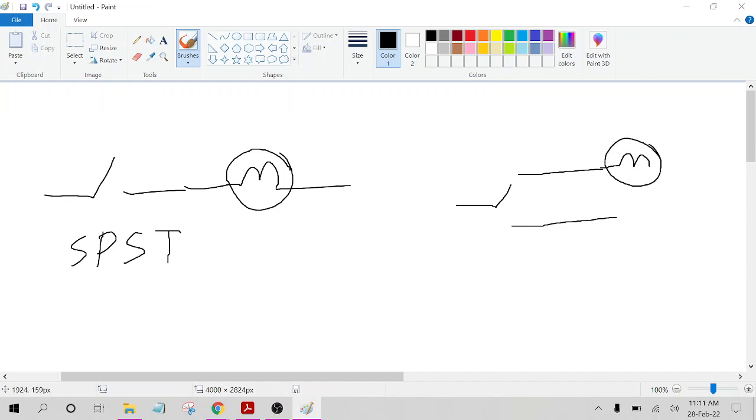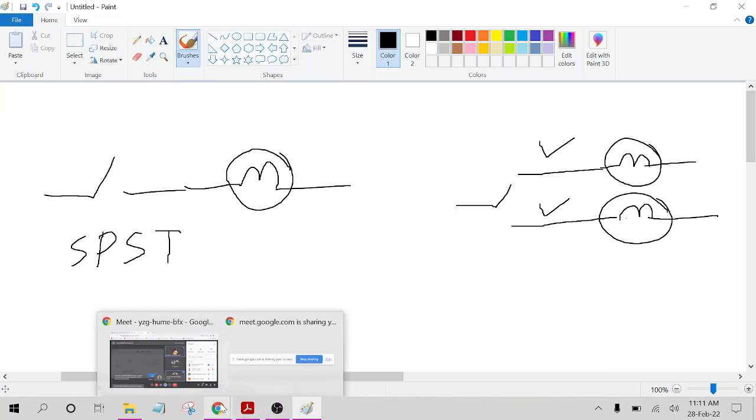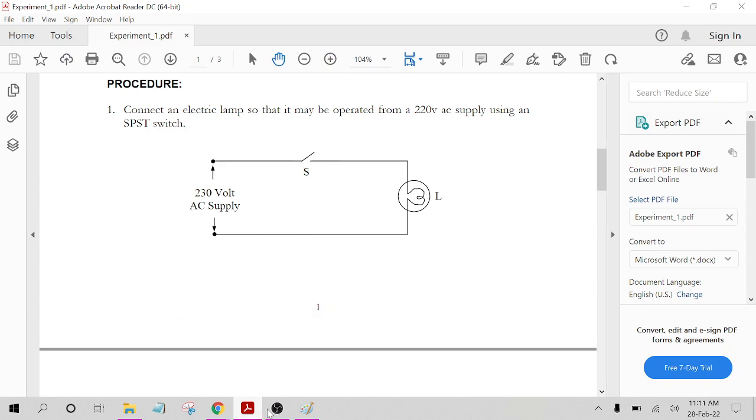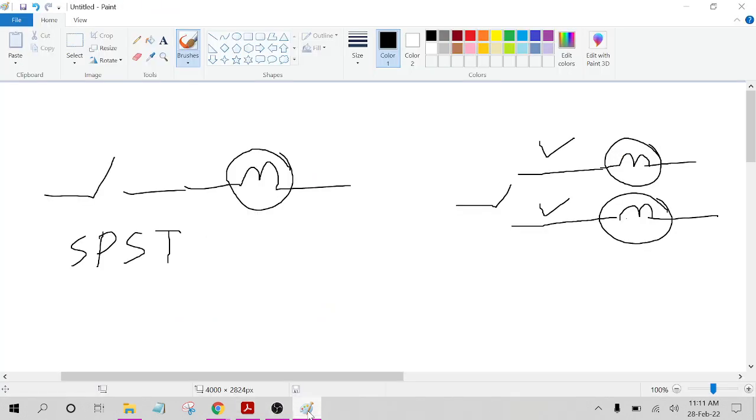Try to understand that there are two electrical lines or electrical equipment connected at the right hand side of this switch, and we can either throw this switch on the upper line or on the bottom line. Do you understand? We can connect the switch either with top line or with bottom line.